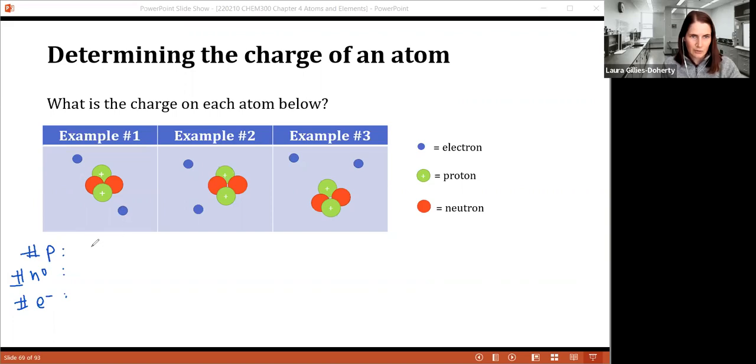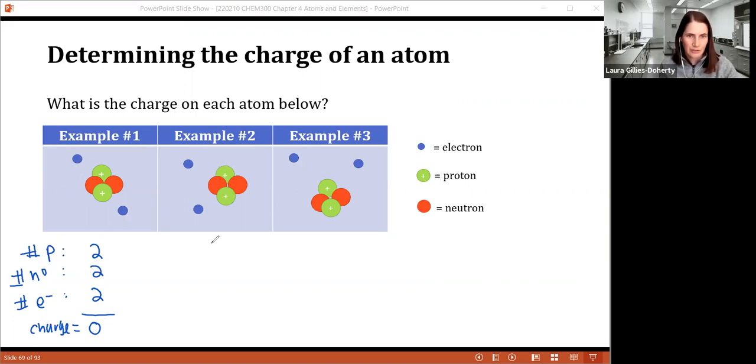In the first example, we've got 2 protons, 2 neutrons, and 2 electrons. So if we want to find the charge, it's the number of protons minus the number of electrons equals an overall charge of 0. Neutrons are neutral, so they don't contribute to the charge.